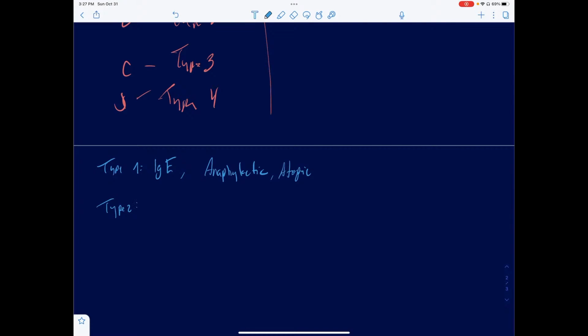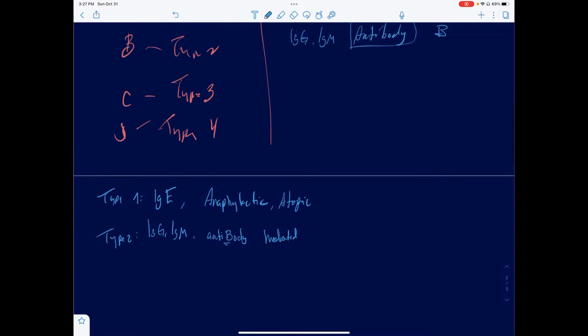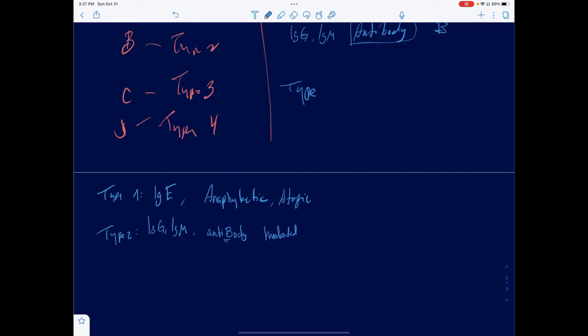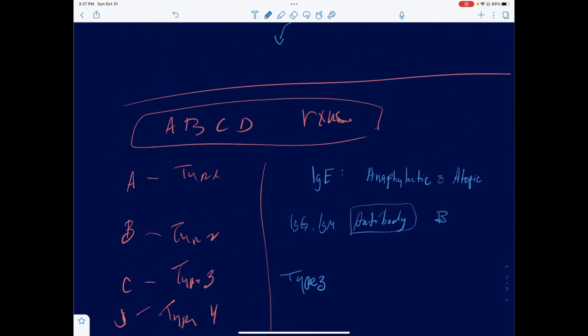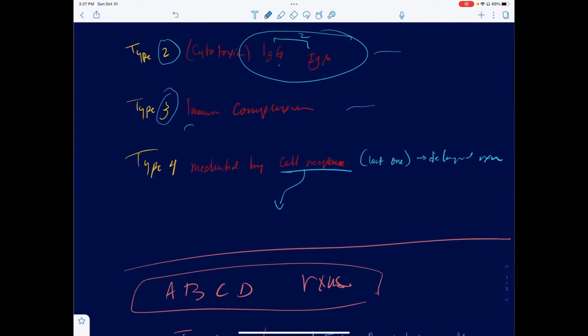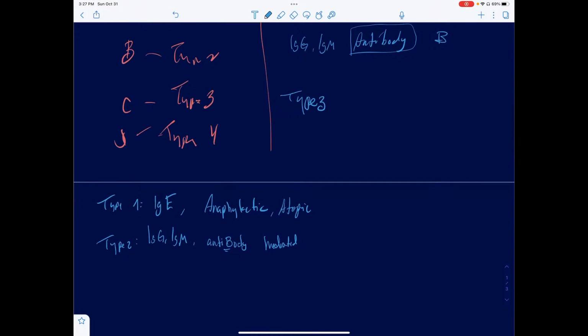Type 2. IgG or IgM. The letter B of the alphabet. And this is an antibody mediated. Antibody, letter B. Let's go to the third type, type 3. And here we said that it is through immune complexes. Okay. Complexes.